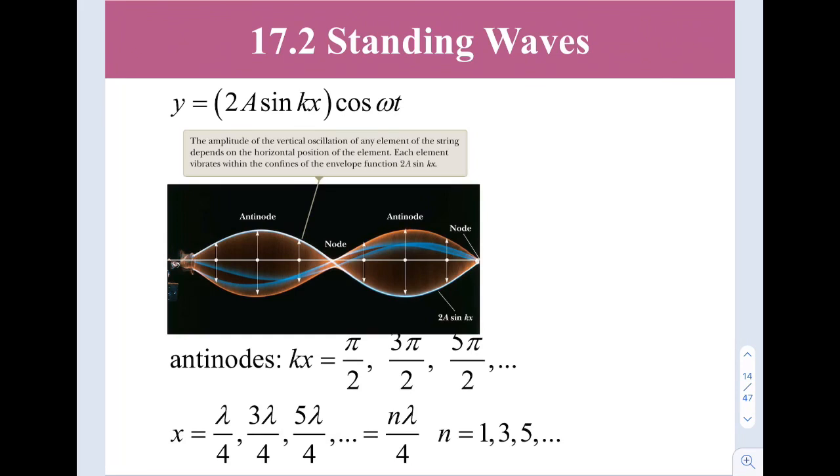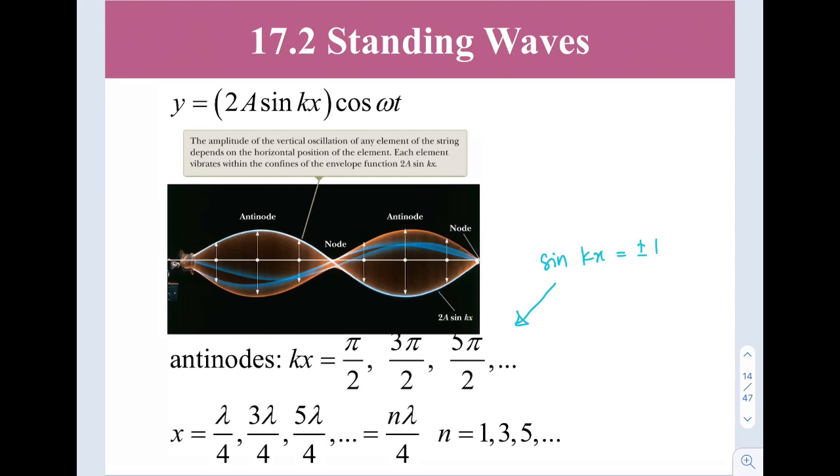The antinodes are located at positions where the coordinate x satisfies the condition sin kx equivalent to plus minus 1. From here, we deduce kx must be pi over 2, 3 pi over 2, 5 pi over 2, right?